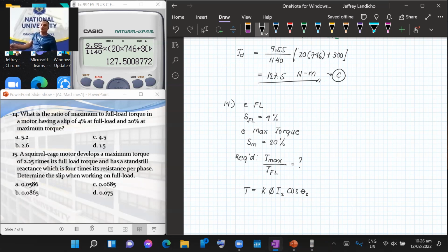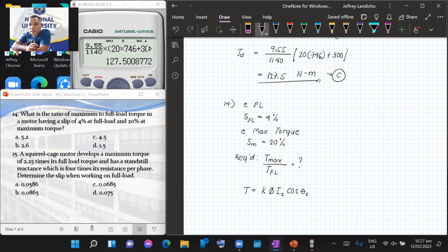Okay? So, therefore, kung kukunin natin ngayon yung ating equation, your flux. So, alam natin, you have the corresponding motor, it is also the same as the transformer. Pag kinuha natin yung generated voltage, E equals 4.44 f N phi m.